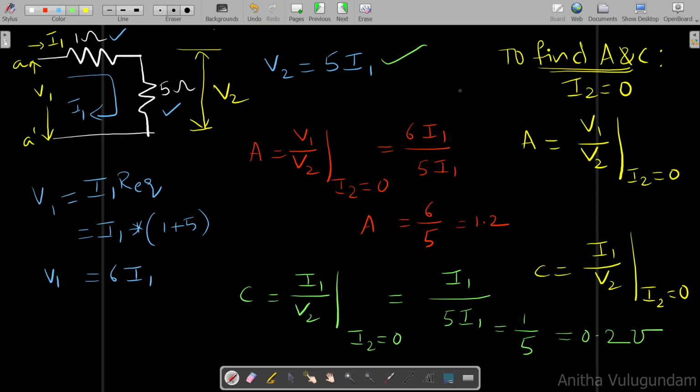Next, find B and D values. To find B and D, V2 equal to 0.